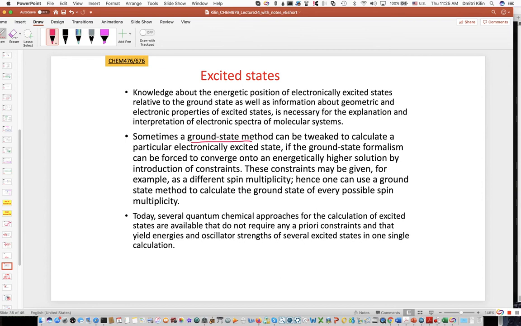So DFT is often called a ground state theory because DFT, as well as Hartree-Fock, is one of the ground state theories.